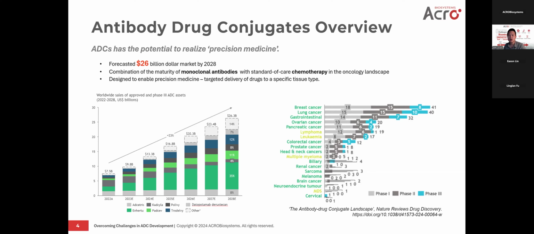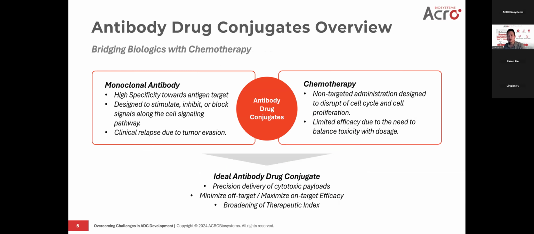Now we also see in the literature that it is a continually growing field, as different types of cancer have been targeted by ADC from phase 1 to phase 3 and beyond. ADC is really bridging the combined benefit of the monoclonal antibody, with its specificity designed to stimulate, inhibit, or block cell signal pathways, with the benefit of potent chemotherapy disrupting the cell cycle and proliferation.